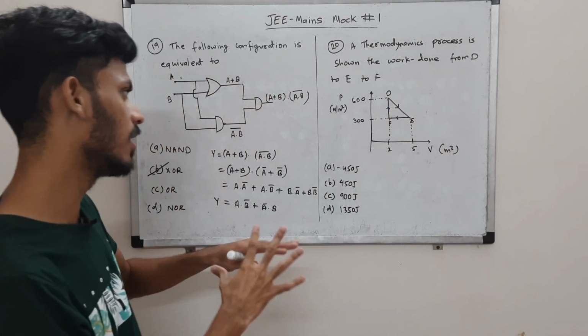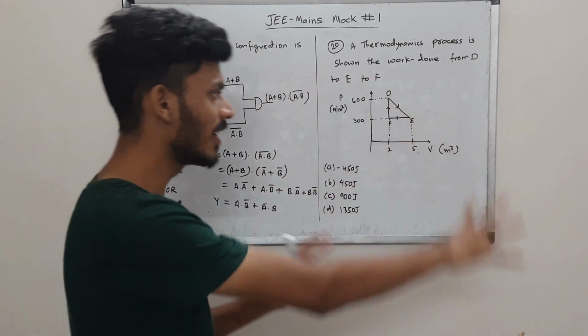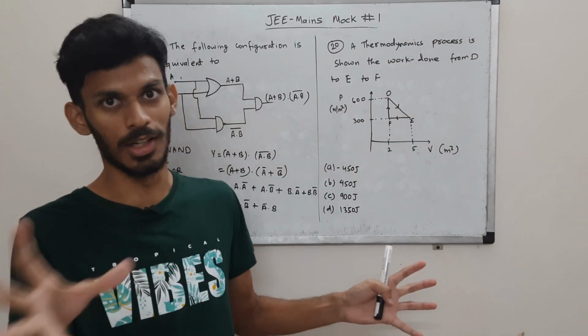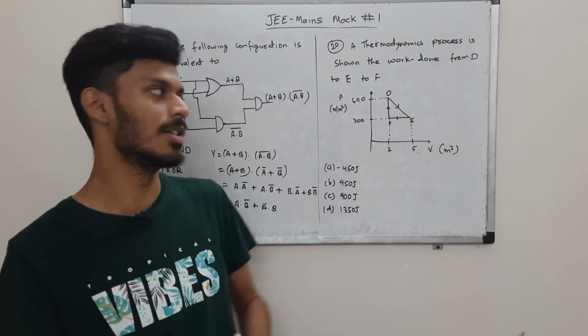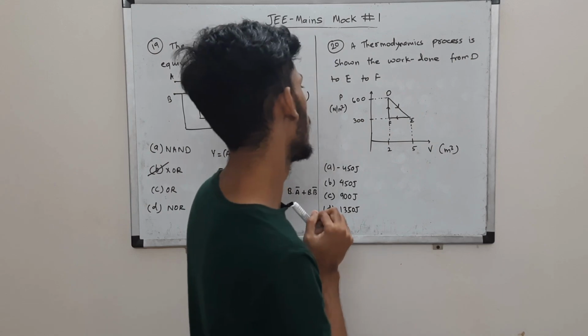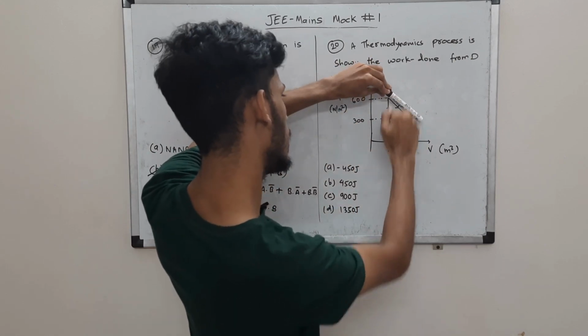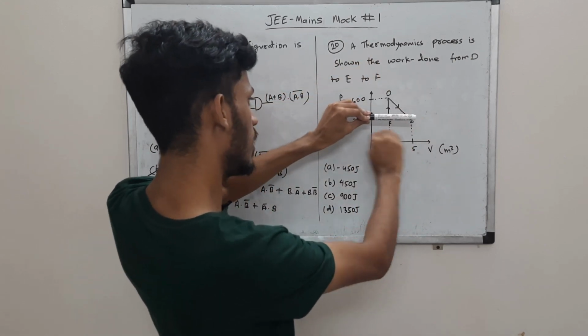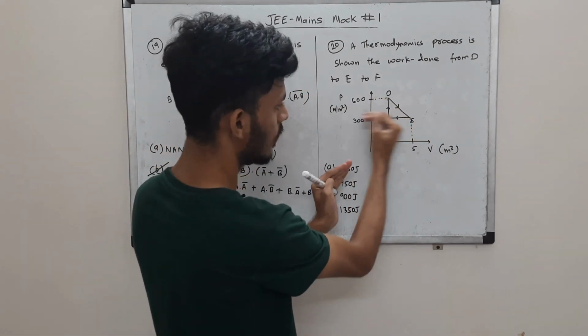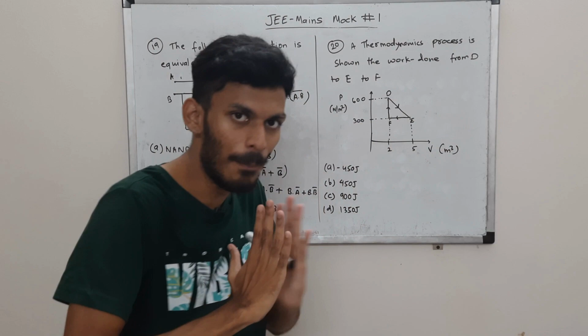Okay, so basically this is a PV graph, right? So area under the PV graph gives you the work, right? Area under PV graph is the work, right? So you can find the work done under curve D, okay, the area under D, then area under FE, then subtract those areas, right? Because here if you see the second process is compressing, right?